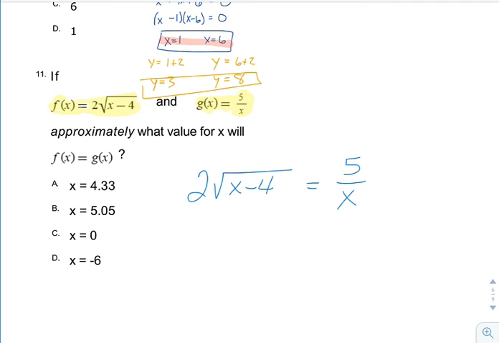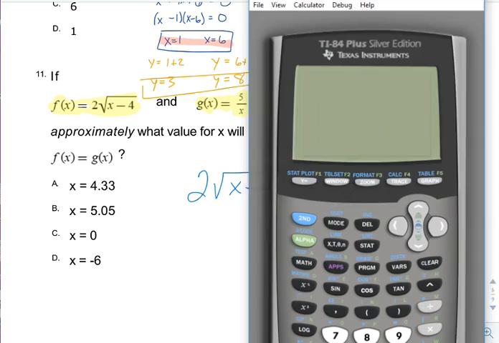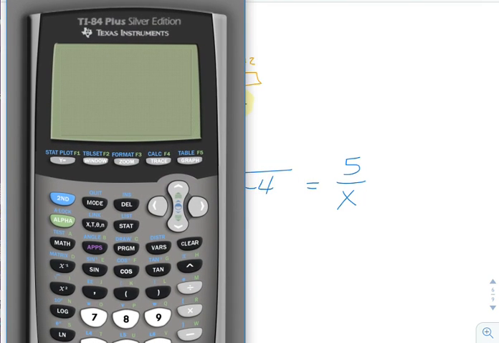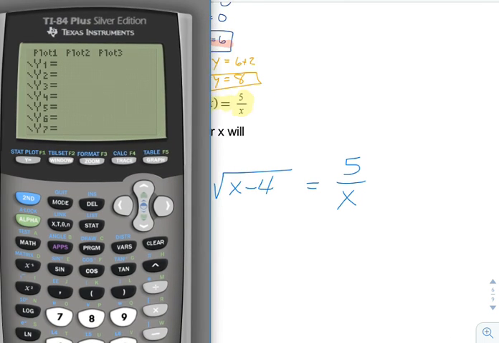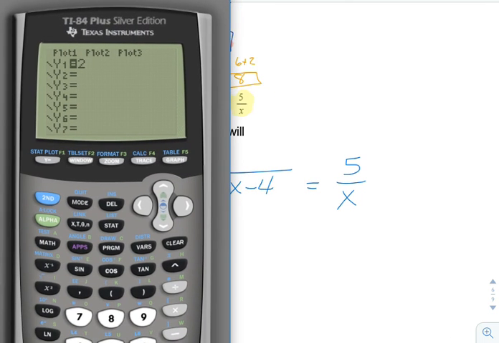When you have something like that on both sides, looks complicated, go to your calculator, and you throw it in the y equals. And you're going to see where they intersect. Or you could check your table. This one I'm going to do on the table. So I'm going to put in y equals 2 square root of x minus 4. All right. And then 5 divided by x. Check your table.